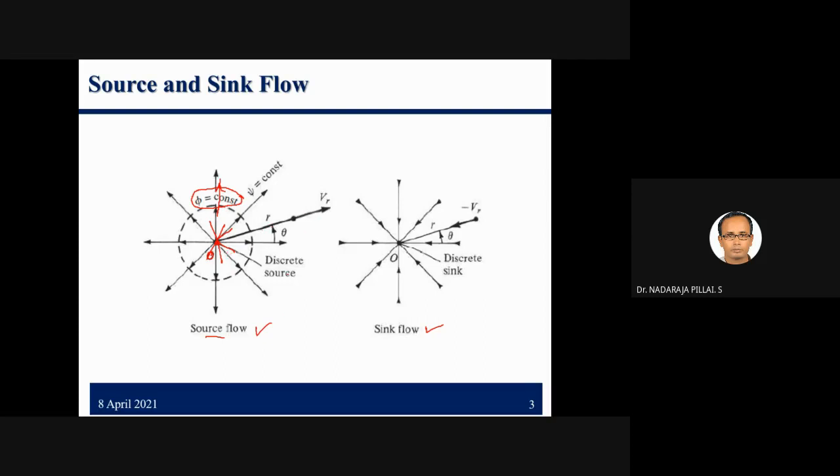Vr is the velocity in the radial direction, and similarly V theta is the velocity in the tangential direction.